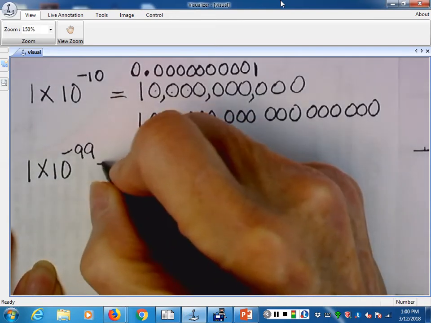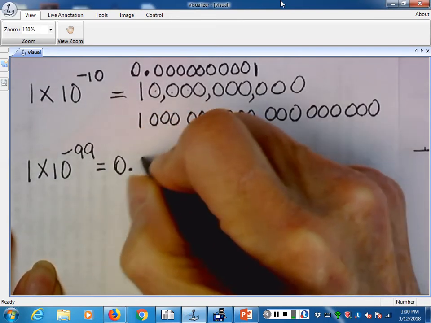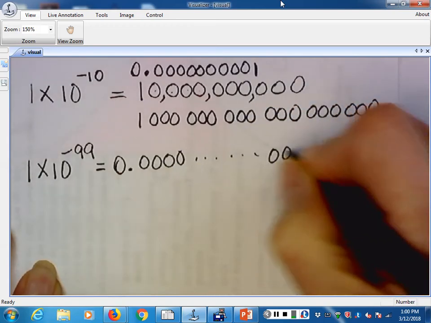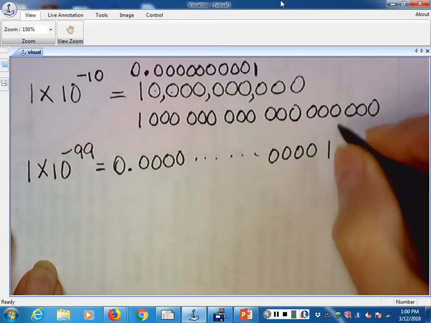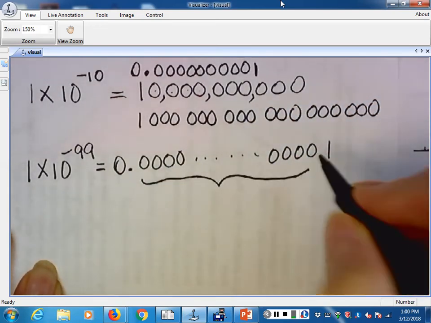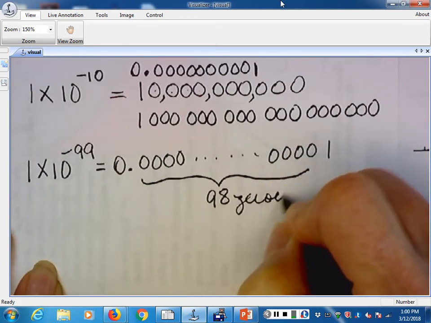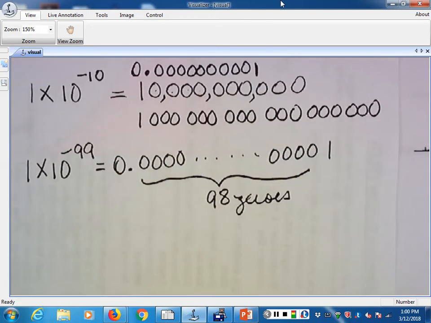But this would be a decimal followed by 98 zeros before you get to a 1. And I can't imagine anything that small either.